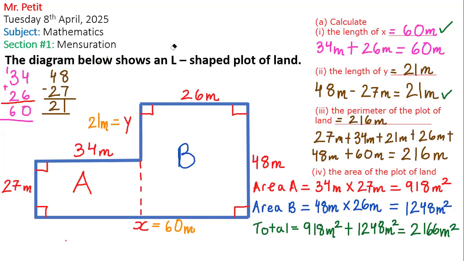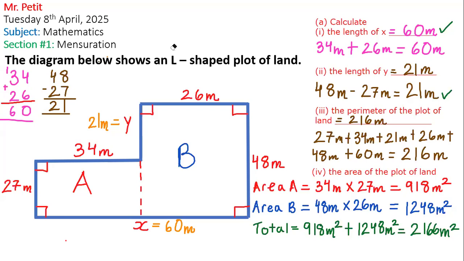You add area A and area B together, and you get 2166. My question is, how did I get area A and how did I get area B? That's what I want to figure out. So for area A, you times 34 times 27, that equals 918 meters.